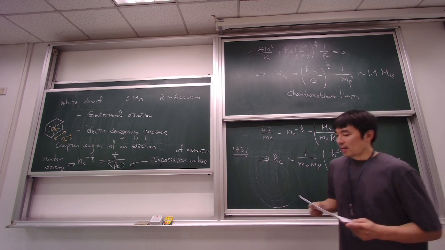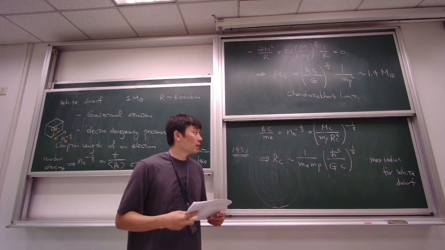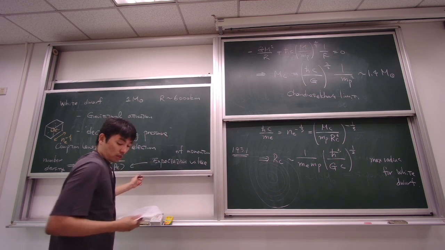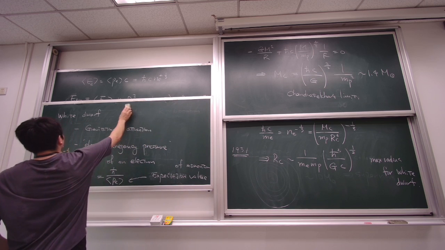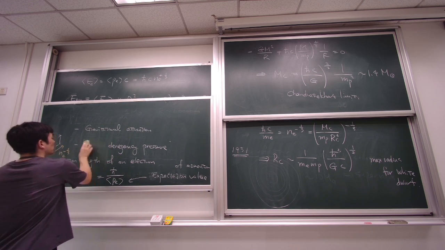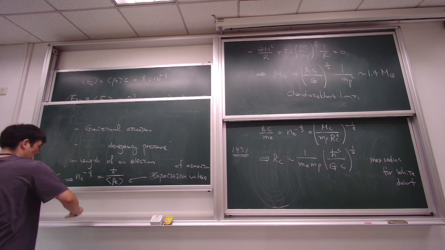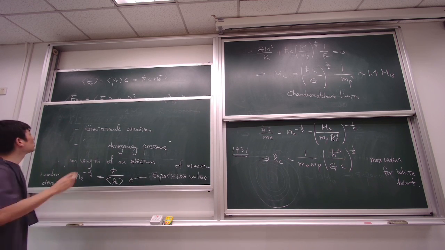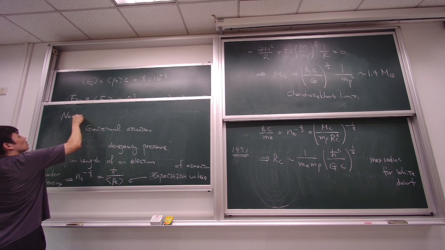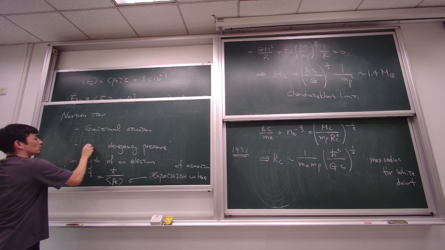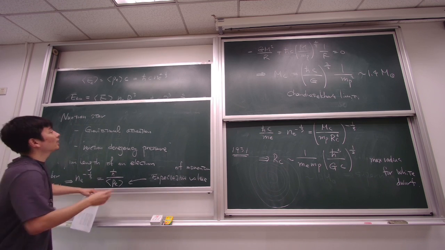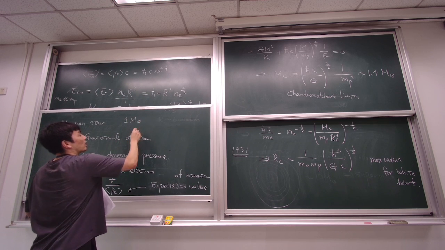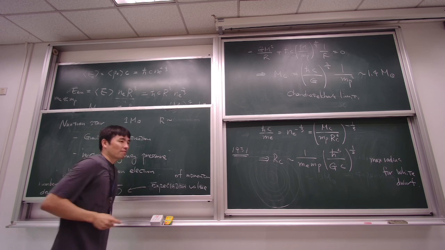Then gravitational attraction will win against the electron degeneracy pressure. And people proposed the following: instead of electron degeneracy pressure, people started thinking about the so-called neutron degeneracy pressure.